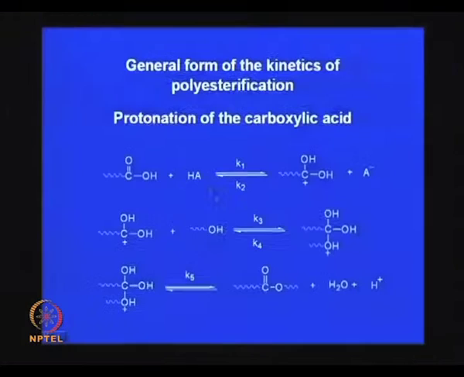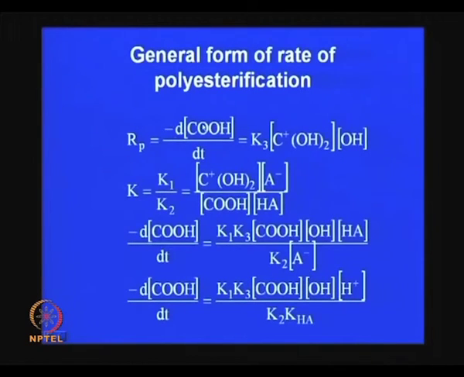So here the acid is regenerated. This is the basic mechanism of esterification, how it occurs. Then you see how to write down the rate of esterification or rate of polymerization.